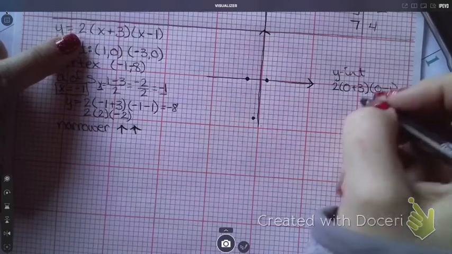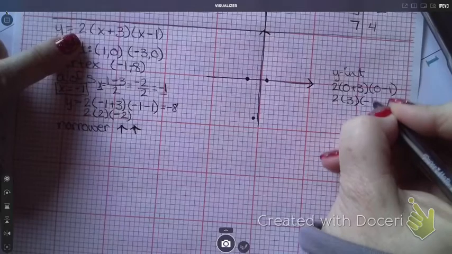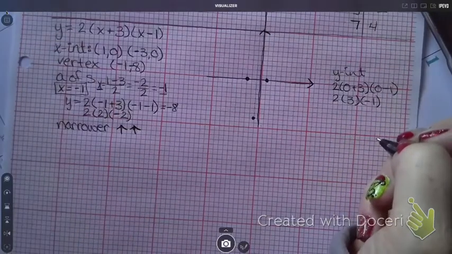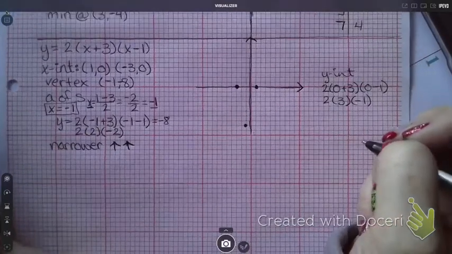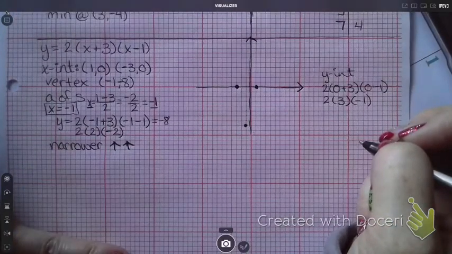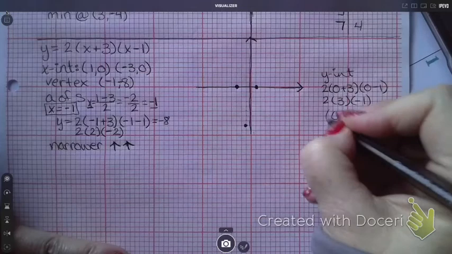So it'd be 2 times 3 times negative 1, which is 6 times negative 1, so negative 6. So 0, negative 6.